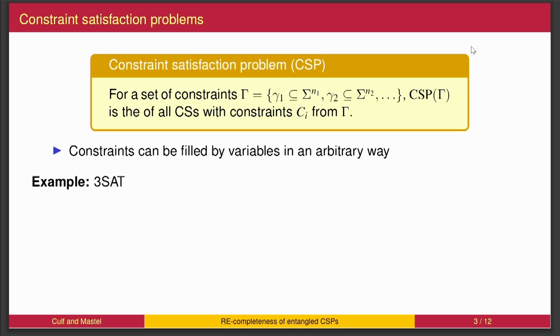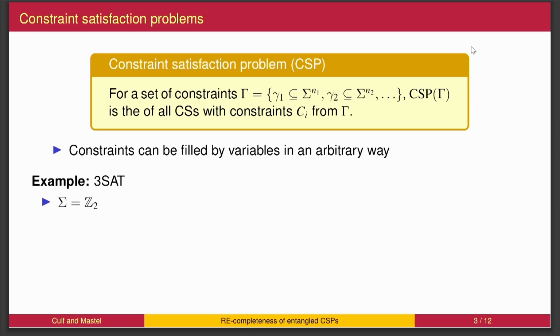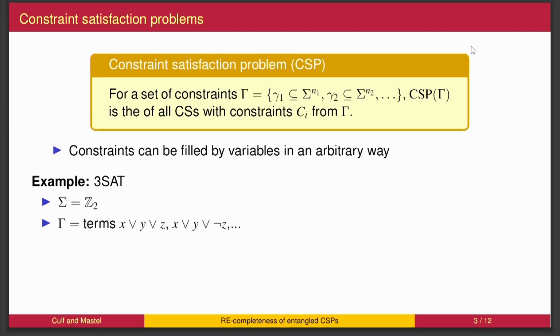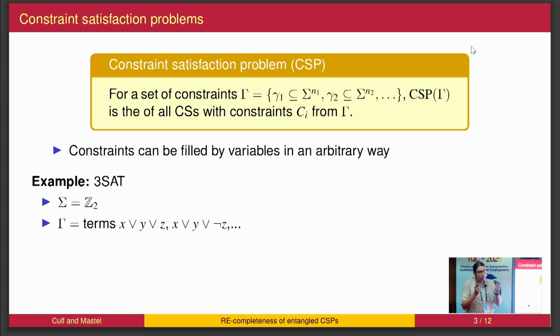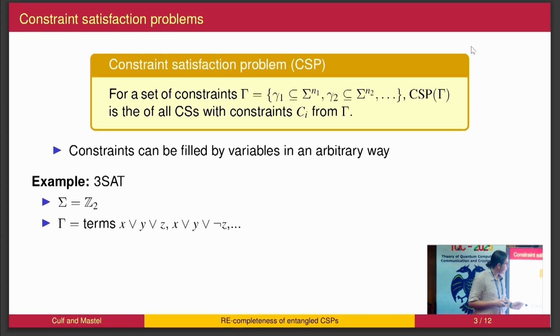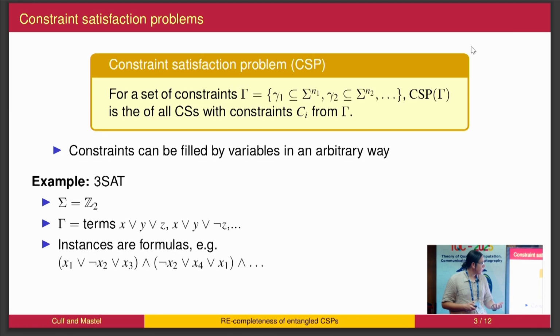For example, 3SAT, a very standard language. It's in fact a CSP language. Here the alphabet is the Boolean alphabet, Z2. The possible constraints are these single clauses in a 3CNF formula, just disjunctions of three different literals, which are either the variable or the negation of the variable.